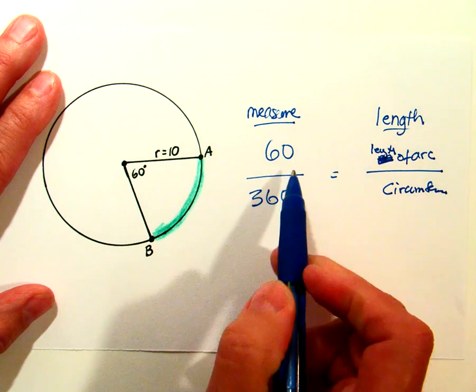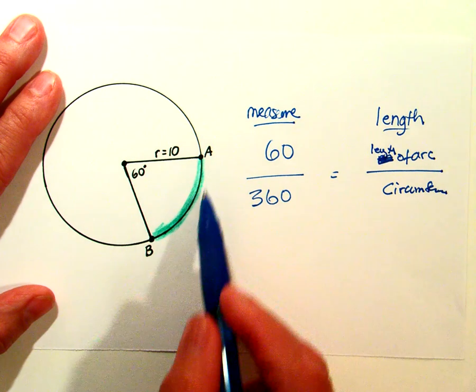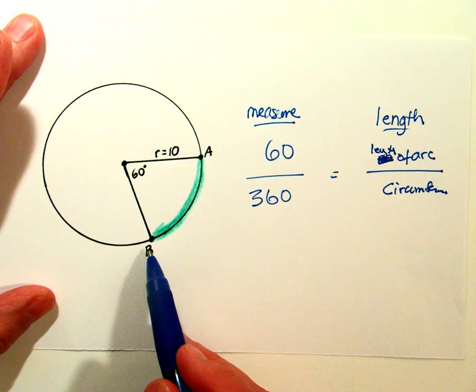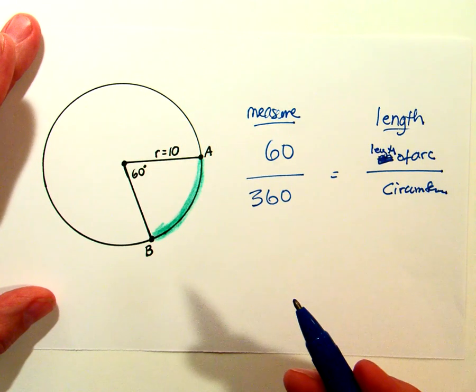Do you see that? It's going to be the same. The measure of the arc itself is 1/6 of the whole circle, and the length of the arc should be 1/6 of the whole length. That's kind of a duh, isn't it?